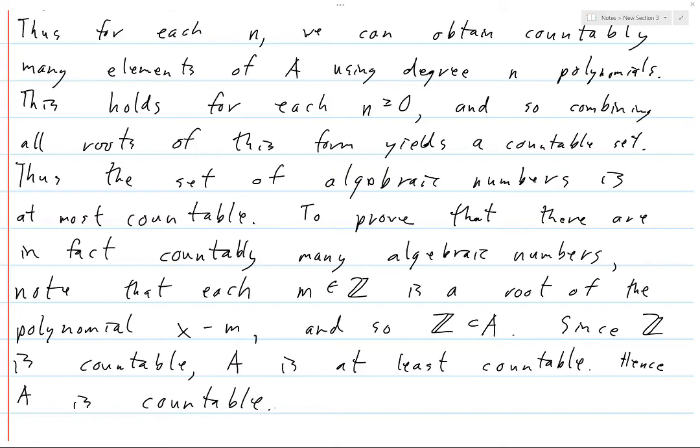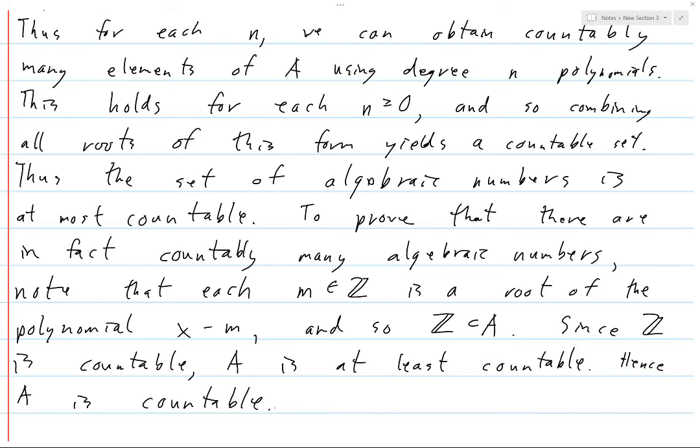And so when you're counting the number of polynomials of degree n, what you're really doing is you're counting the number of elements that you get when you take n direct products of the integers, and this becomes a finite direct product of countable sets, and so it's countable. And then from here, of course, for each polynomial, there's finitely many roots, and so you get countably many roots for each polynomial degree n.